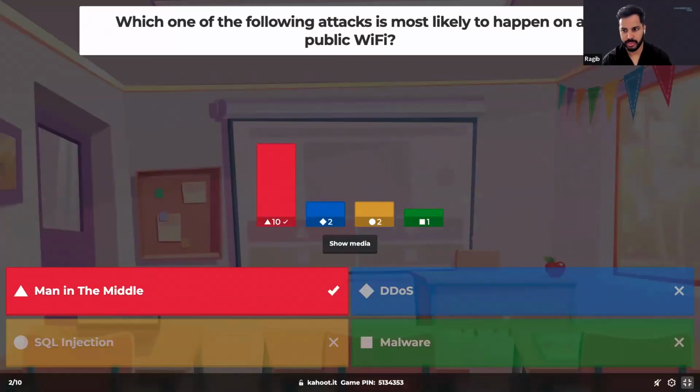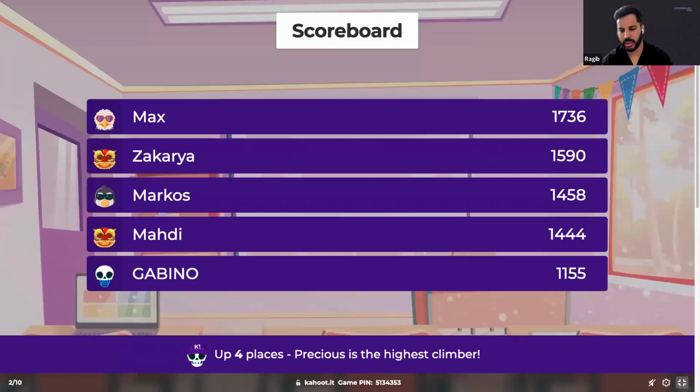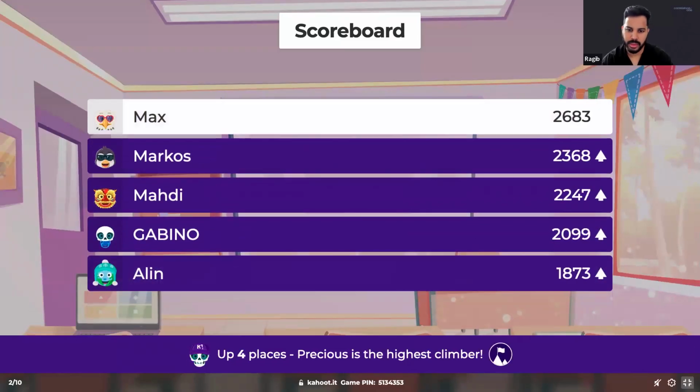That's correct. It's not a DDoS, not a SQL injection, it's not malware. Somebody will sit in between your internet connection and try to intercept. Okay, let's take a look at the score. Max is still number one. Marcos has moved up and Mati has moved up as well.